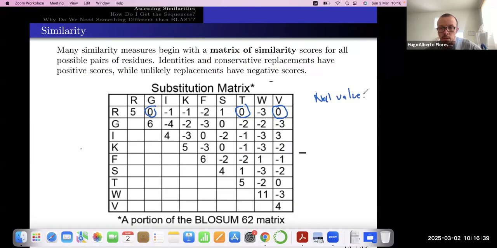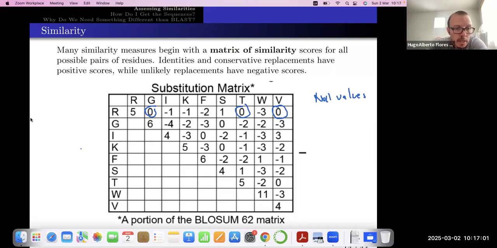What does it mean? It means that when you find, in this case, an R with a G, with a T or with a V, these mismatches won't affect the score, because the value is zero.